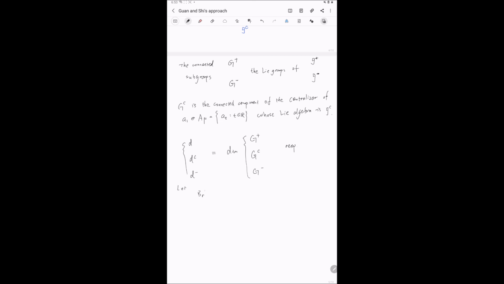Let B_r^G be the ball centered at the neutral element of G with radius r. And respectively, we have the following sets.